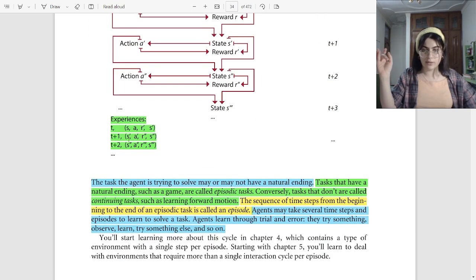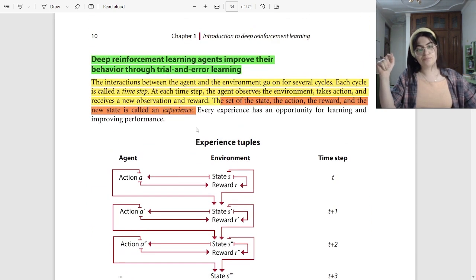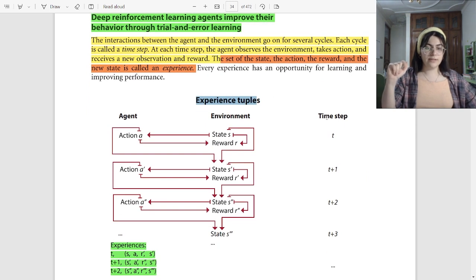It's usually a tuple of experience, which is like a state, action, reward, and next state. So these are the experience tuples that we have in time step T. We have an agent and the environment.